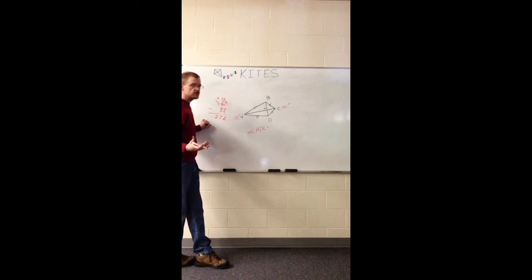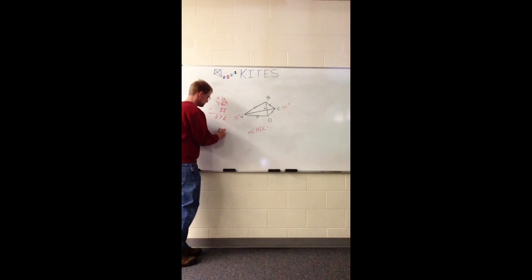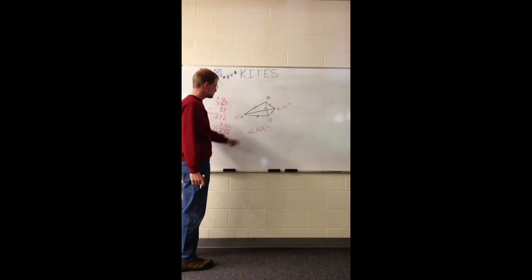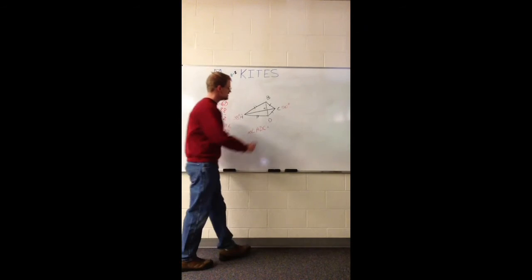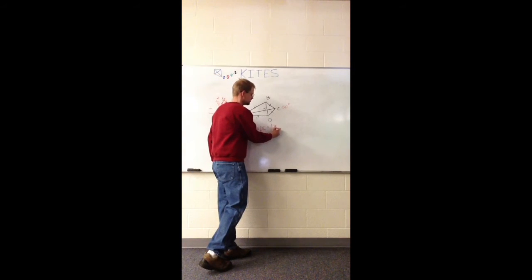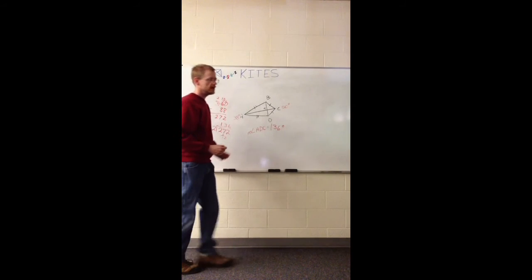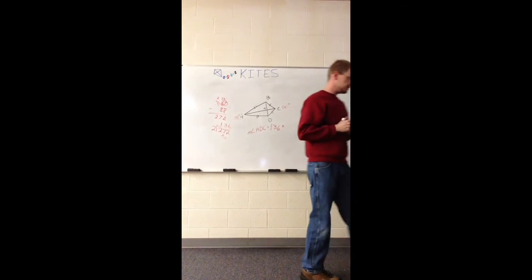Since we know they're congruent, we'll just take 272 divided by 2 to find our answer. So, 2 goes in one time, goes in 3, 6, 136 degrees. So our measure for ADC is 136 degrees. Okay? One example of something you might see.